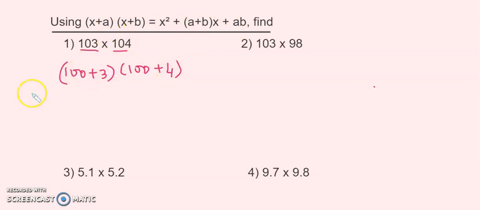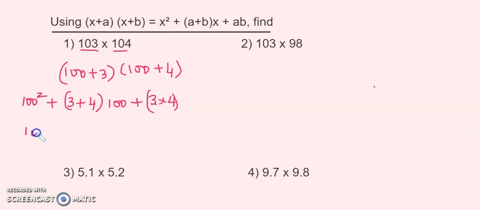So in place of x square, we'll be putting 100 square, plus a plus b, so 3 plus 4 into 100, plus a into b, which is 3 into 4.